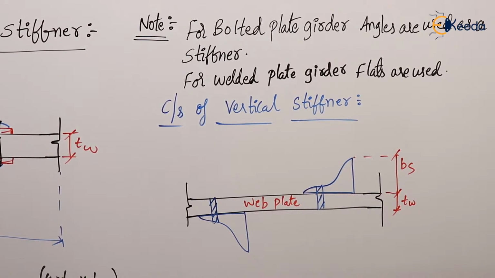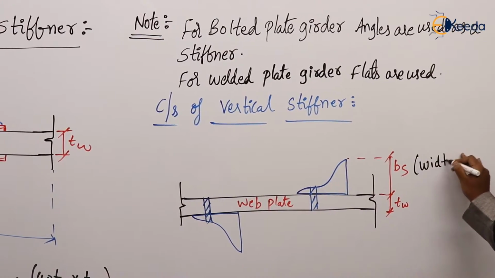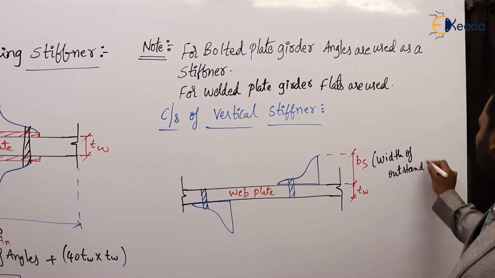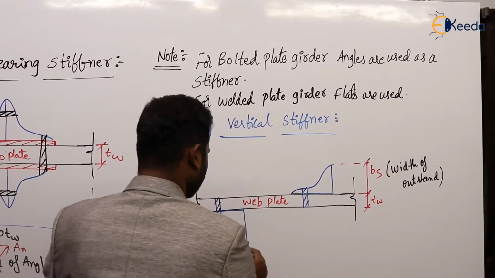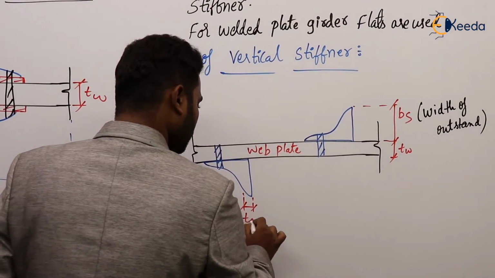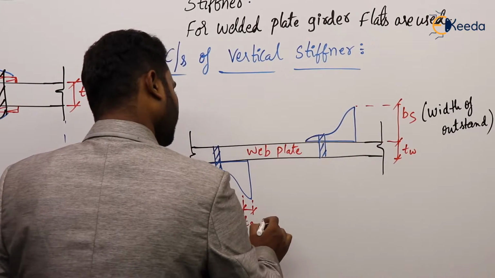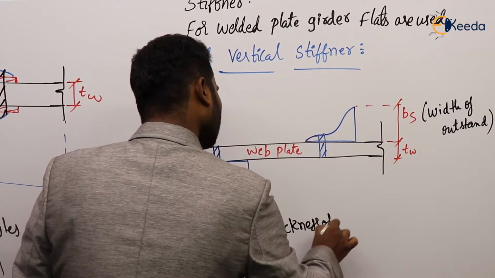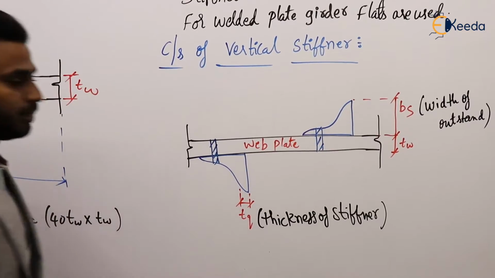So here, BS is the width of outstand. And if you observe the thickness, this is TQ. So TQ is the thickness of stiffener.